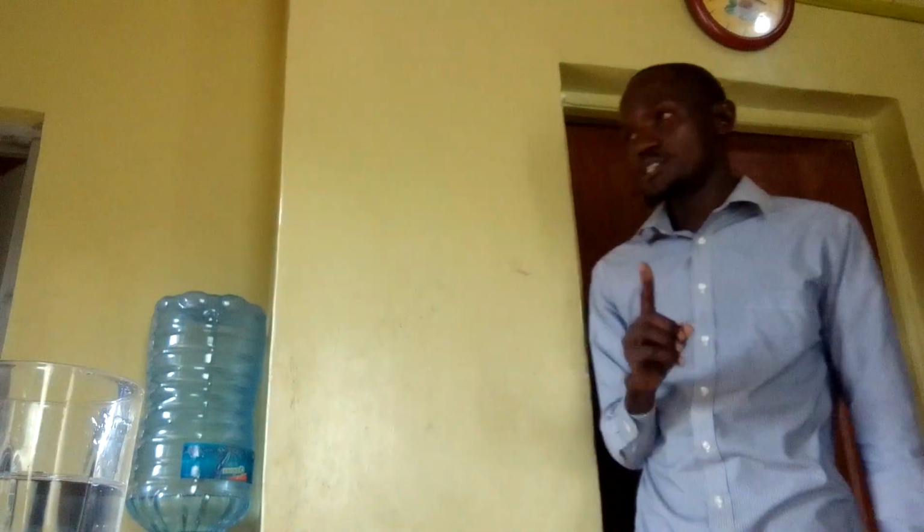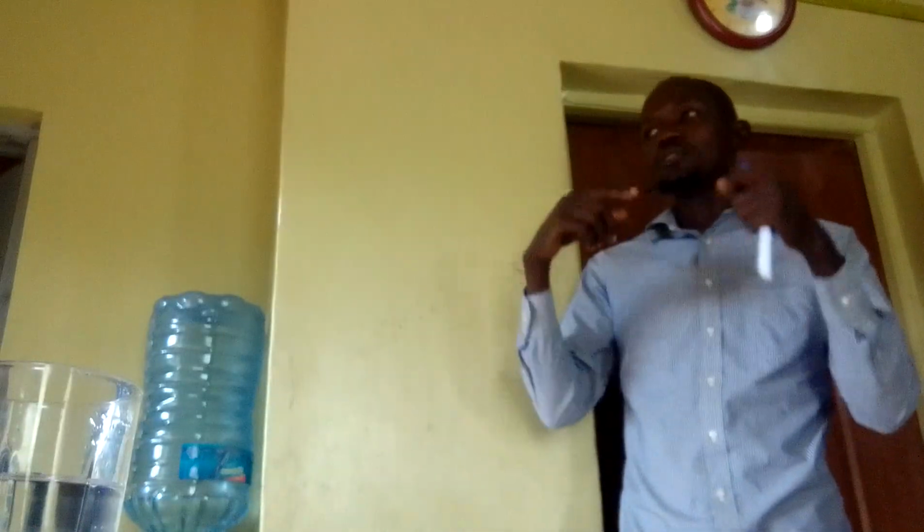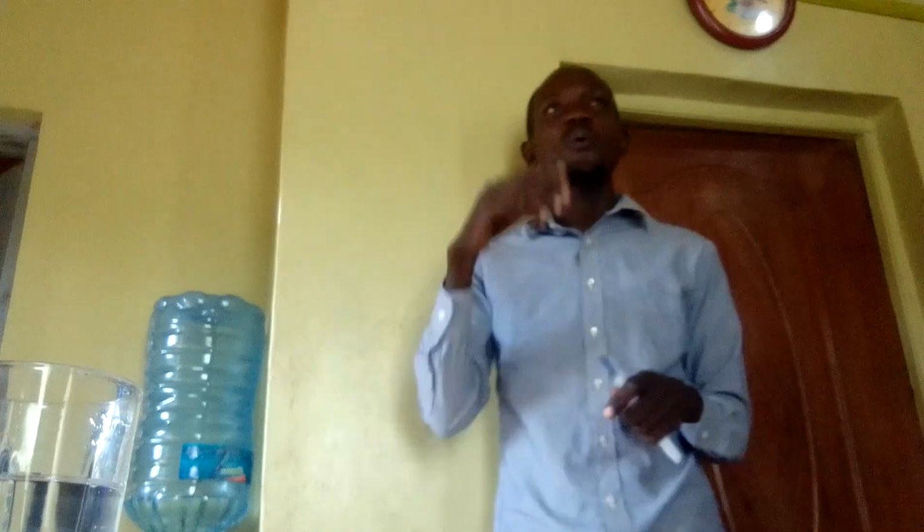So you can note the 4 number systems. 1 is decimal number system, 2 is binary number system, 3 is octal number system, then 4 we have the hexadecimal number system. So in today's lesson we are going to dwell on the first 2 number systems, because one of the 2 is what we use and understand in our daily activities.